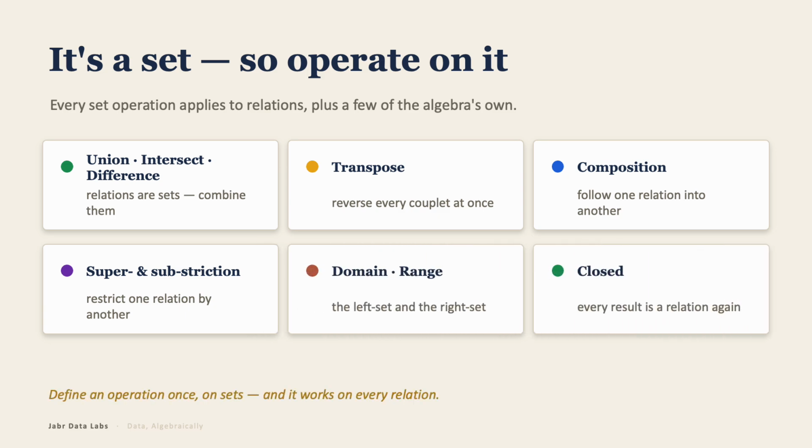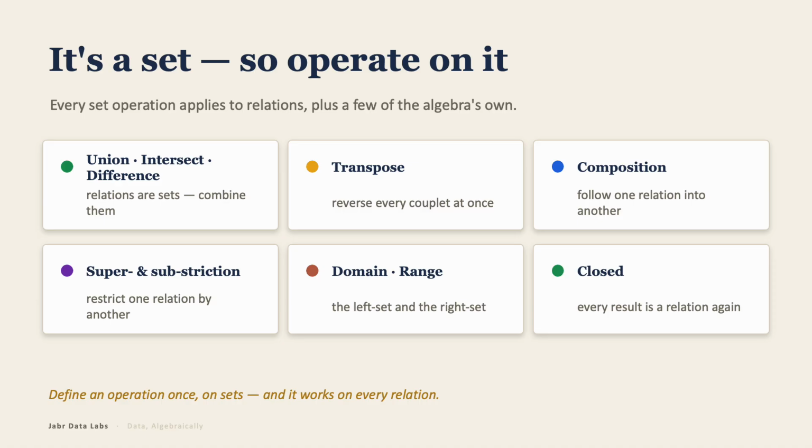And now the payoff for building on set theory. Because a relation simply is a set, every operation you already know on sets applies to relations, unchanged. You can take the union of 2 relations, their intersection, their difference. On top of those, the algebra adds a few of its own. Transpose reverses every couplet at once.